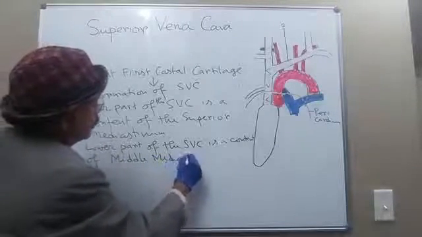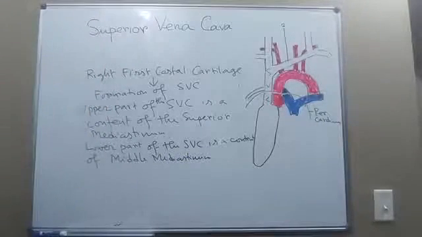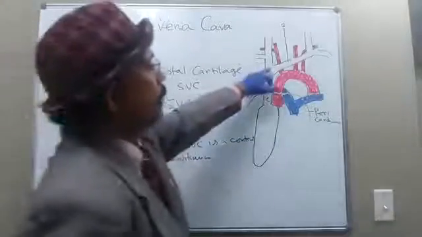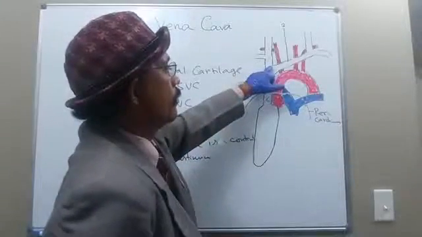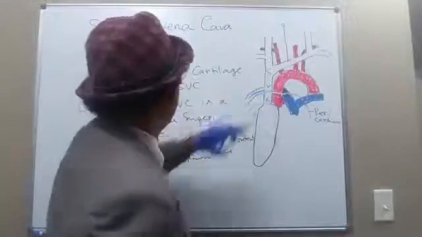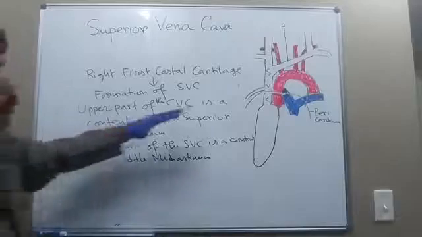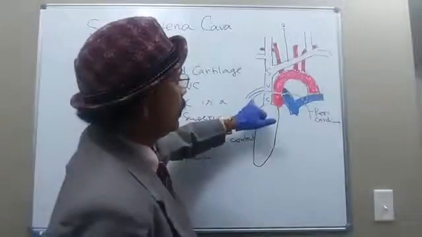We got the formation at the level of the right first costal cartilage. At what level does it enter the pericardium? We can divide the upper and lower parts by the pericardial perforation of the superior vena cava.